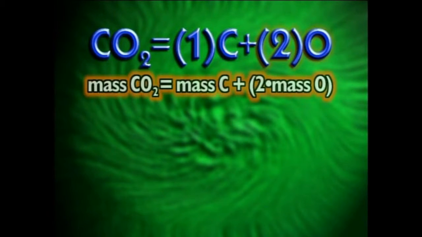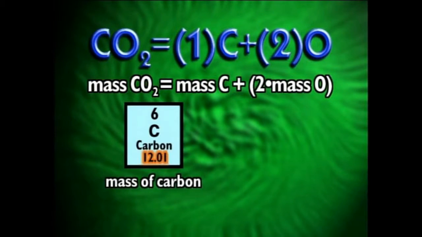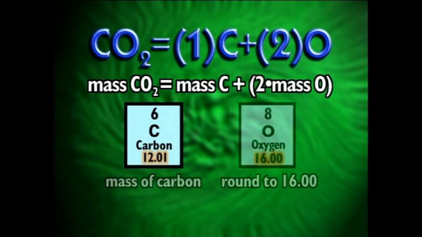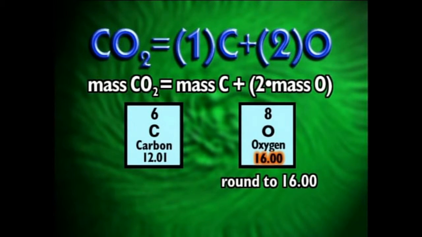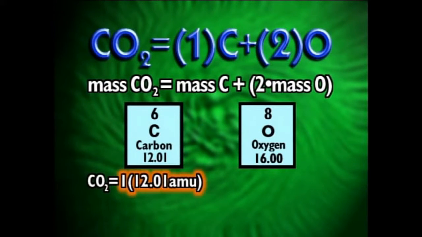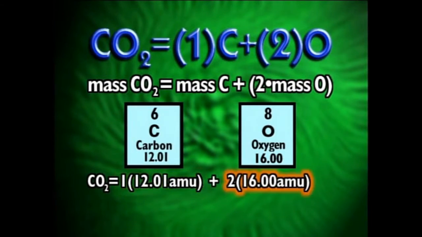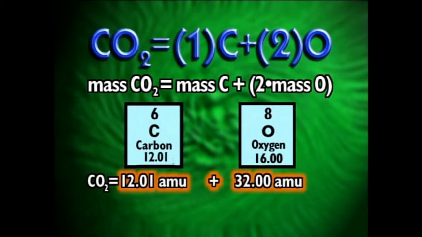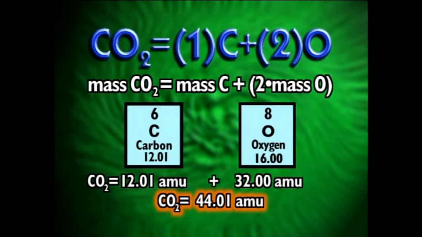CO2 is made of one carbon atom and two oxygen atoms, so the mass of one molecule of carbon dioxide equals the mass of one carbon atom plus the mass of two oxygen atoms. 1 times 12.01 AMUs plus 2 times 16.00 AMUs equals 12.01 AMUs plus 32.00 AMUs. That gives us 44.01 AMUs.